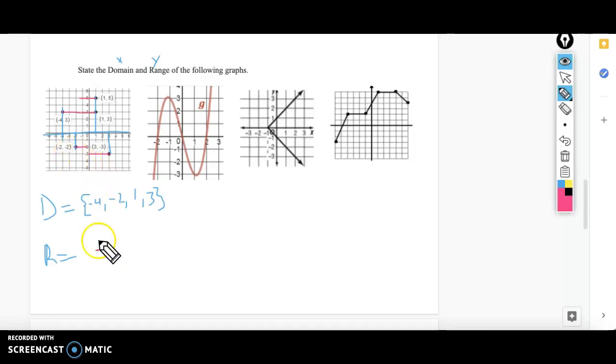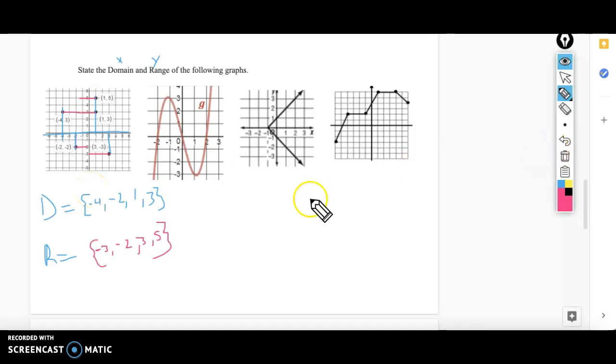Then we have a -2. If we keep going higher, we're going to hit 3 next. If we keep going, we're going to hit 5 next. And again, because it's just points, we're just going to use our braces. Sorry, I'm really bad at drawing those on the computer. Just like that. So that would be our domain and range if we just have points.